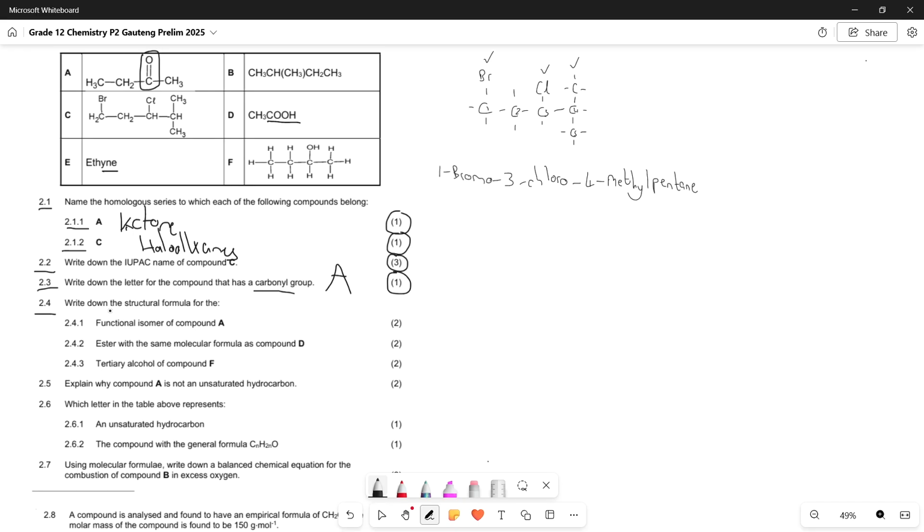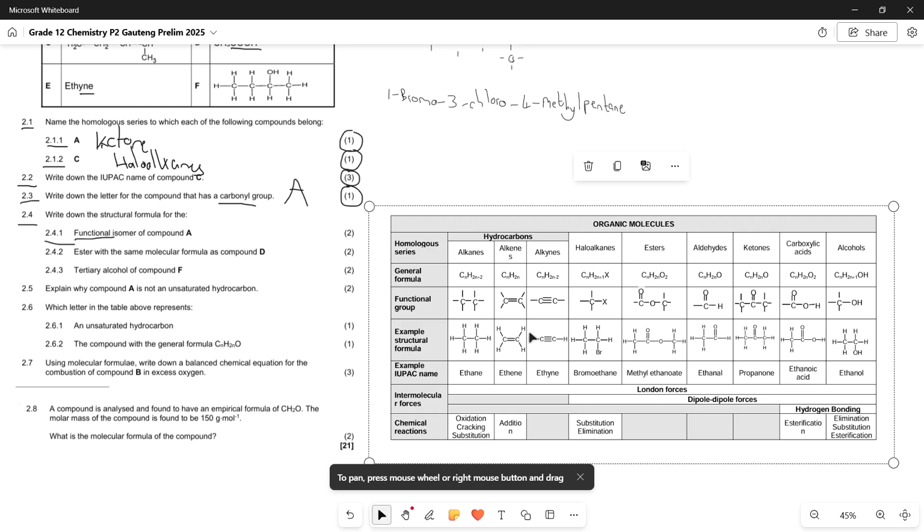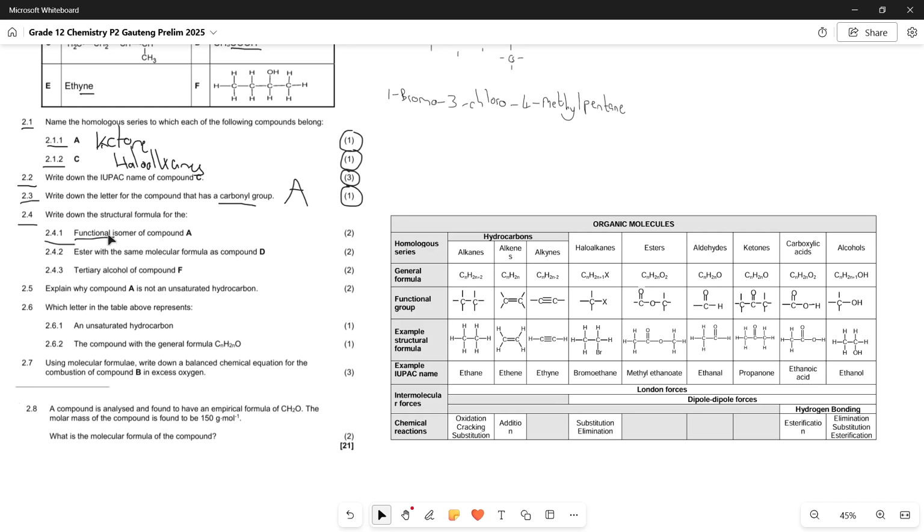So then 2.4 says, write down the structural formula for the 2.4.1 functional isomer of compound A. So functional isomers have the same amount of C's and H's, but functional means that it will have a different lock and key. Just like this sheet we were looking at, having a different functional group places us in a different category over here, a different homologous series.